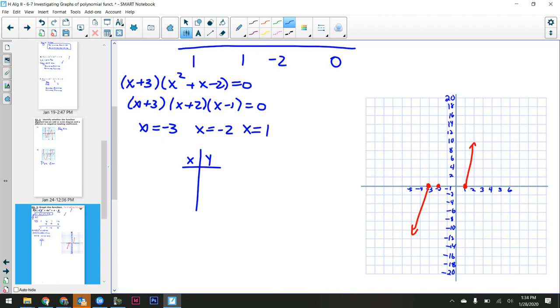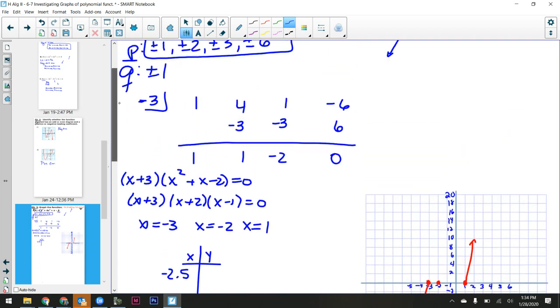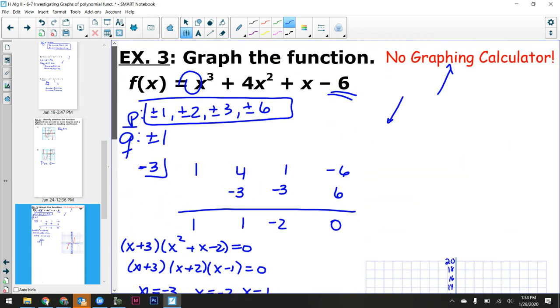What's a good number to pick in between negative 2 and negative 3? Thank you. Now, what else would be a good one to pick in between negative 2 and 1? 0. However, what would happen if we plugged in 0?